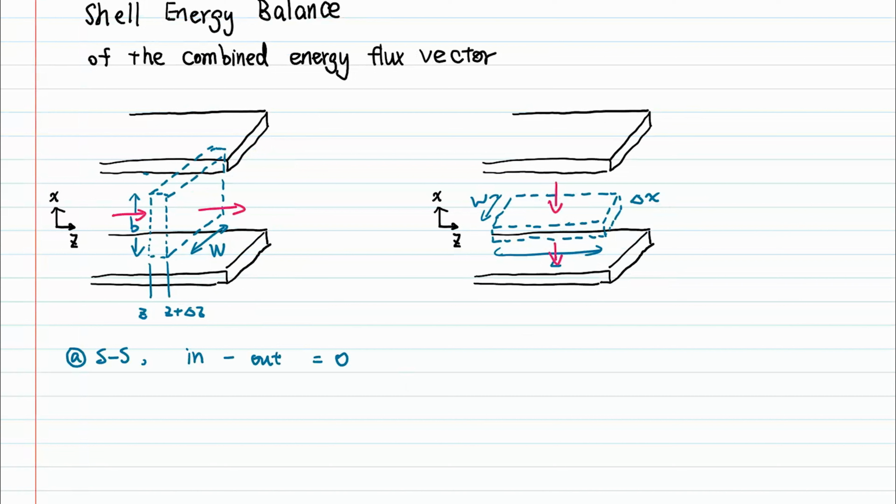Okay? And you're going to use the combined energy flux vector to do this. So what do you have here? You have the combined energy flux vector coming in at z times the area, which is W times B, minus Ez at z plus delta z times WB equals 0.